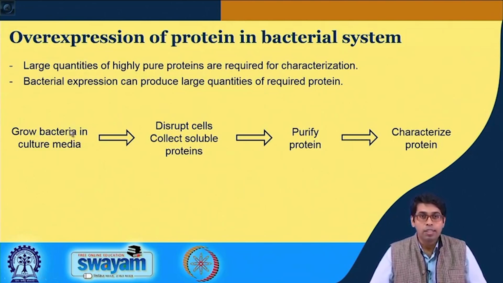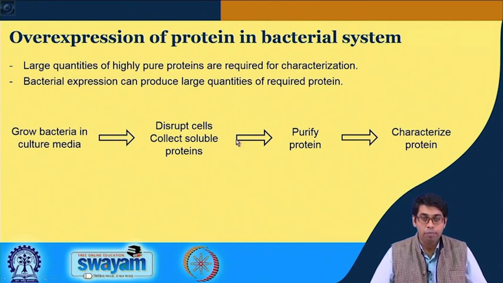Once we obtain such bacteria, it needs to be grown in a culture medium. A culture medium is nothing but a solution which has all the nutrients, and the bacteria happily grow in that medium. Once we get enough bacteria, those cells are pelleted down, basically removed from the solution, and then these cells are disrupted so that all the proteins inside the cell come out into solution.